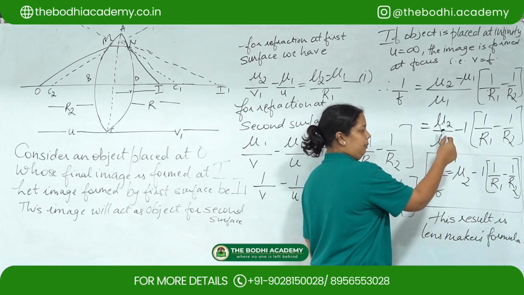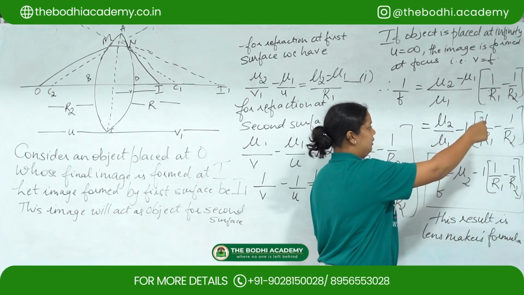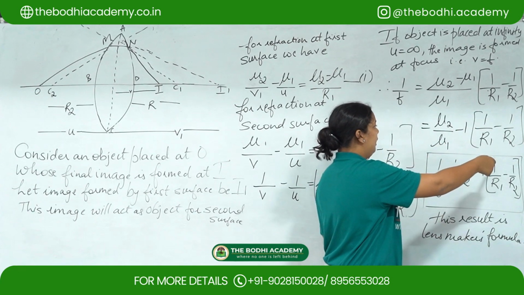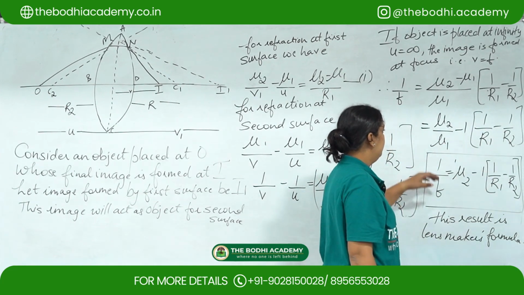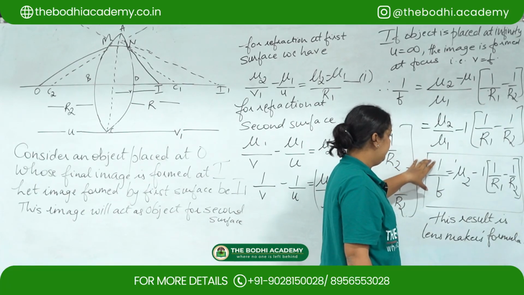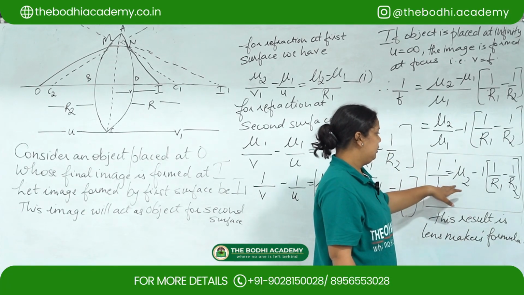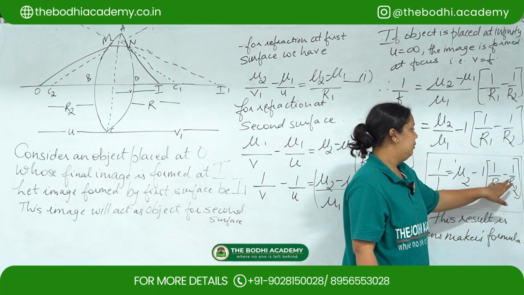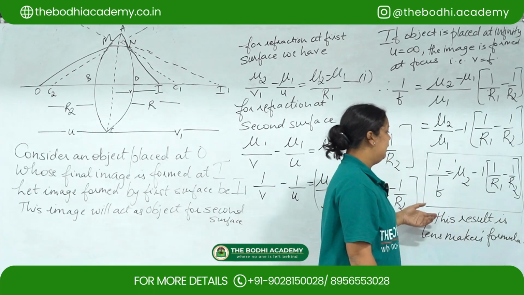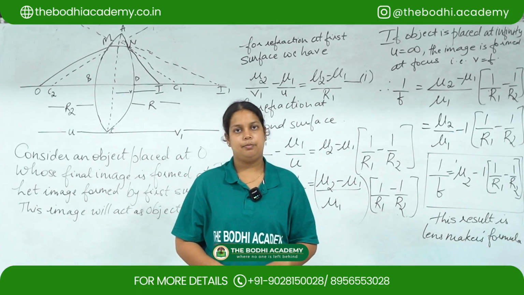So it is mu2 upon mu1 minus 1, because mu1 is taken as the denominator, times (1 upon R1 minus 1 upon R2). So finally we get 1 upon f is equal to (mu21 minus 1) times (1 upon R1 minus 1 upon R2). And this result is known as the lens maker's formula.